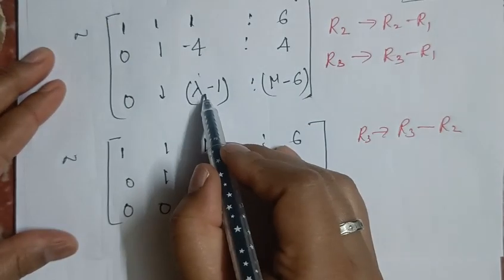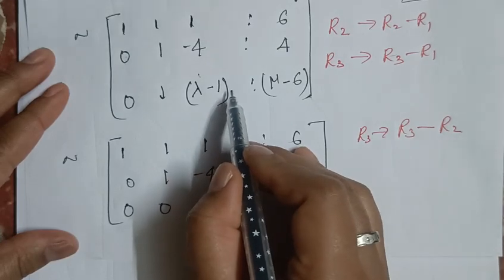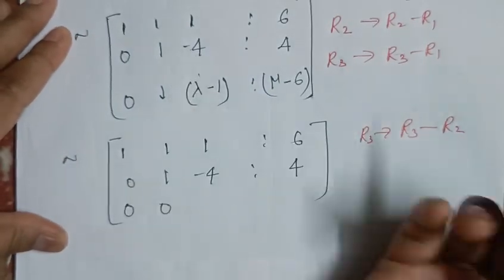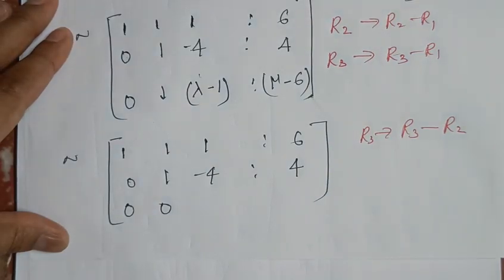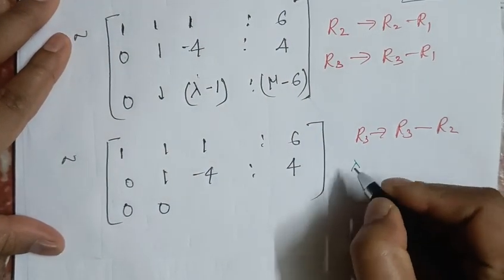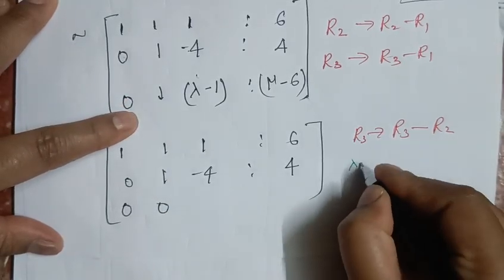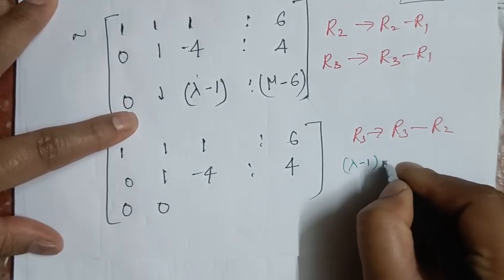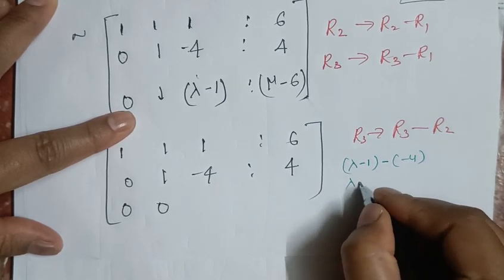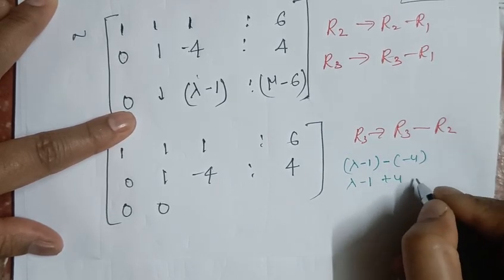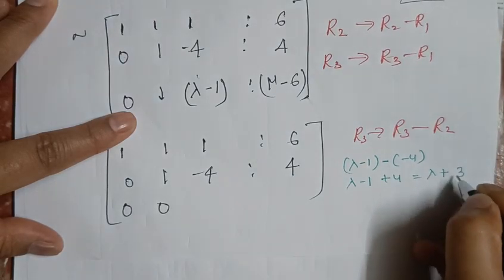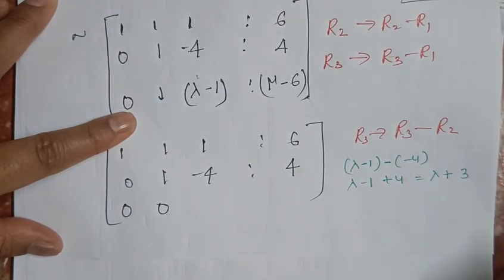And now lambda minus 1 minus... I'll just show you here what it is going to become. Row 3 minus row 1, right? Minus 1, minus 4. So lambda minus 1 plus 4 is going to become lambda plus 3. This is minus 1, this is plus 4.